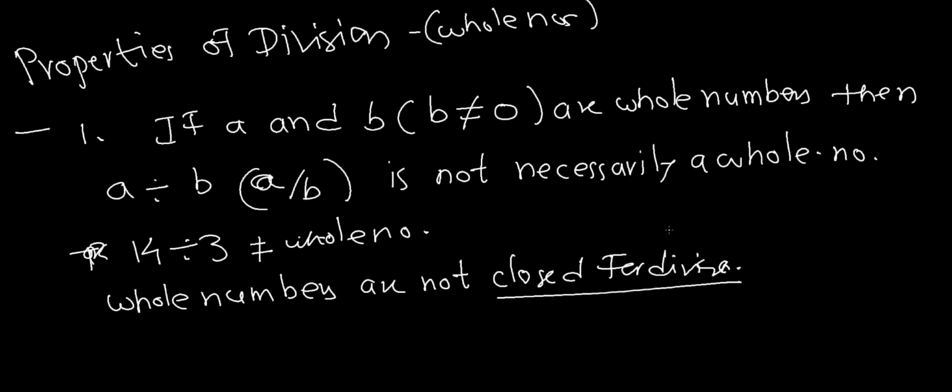So this is not the case in whole numbers. We may get or we may not get the whole numbers. If we divide, we get the division result as whole number itself, then we would have said that it's closed for division, but it's not the case. That's the first property.